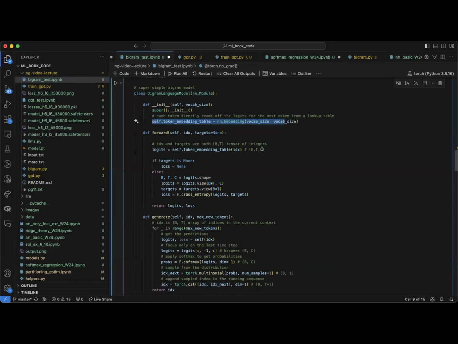So this index is the index of the X that PyTorch constructs.